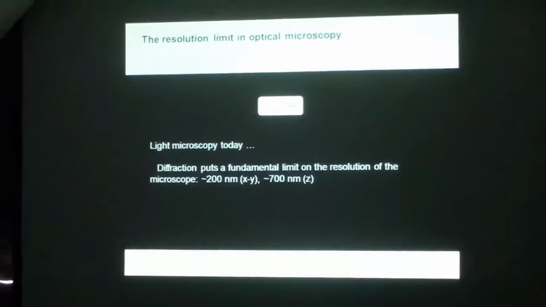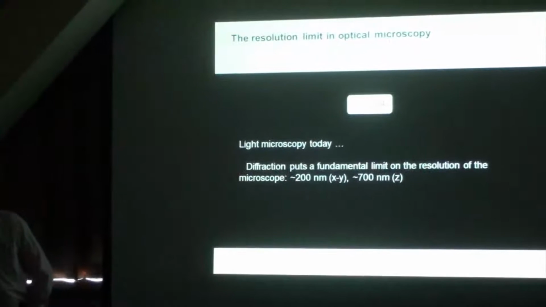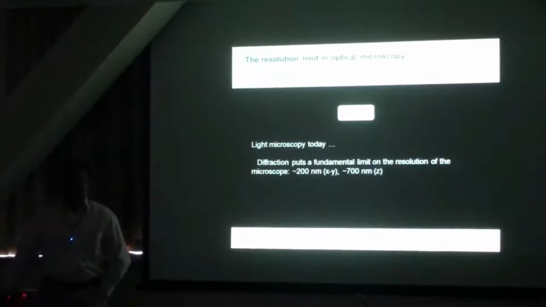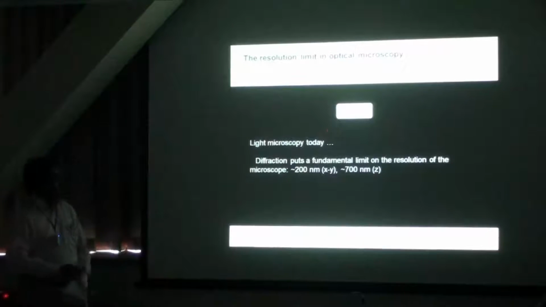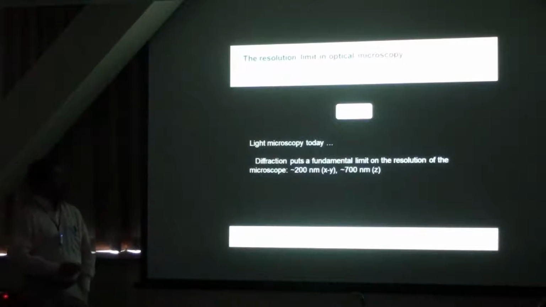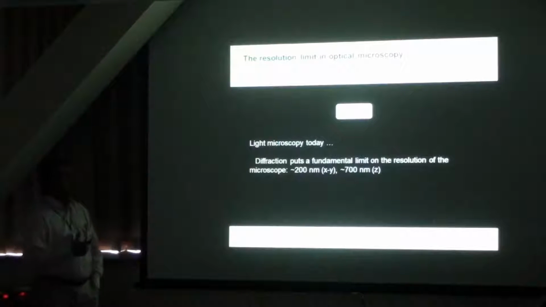So as you know, the fundamental limit of resolution is dictated by the numerical aperture. The lens determines how much diffracted light is collected by the front lens of an objective, and that determines the resolution, which is obviously dependent on the wavelength.